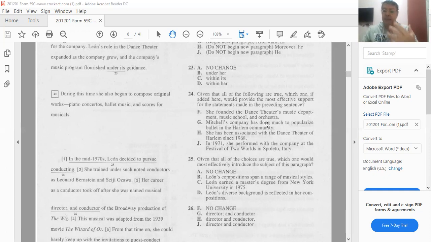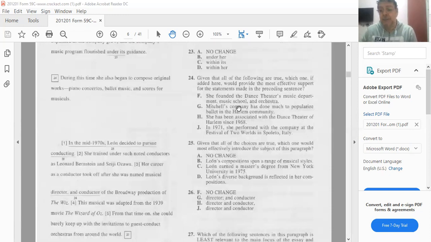And that means the company became more respected and thrived when it comes to music because of her guidance, and she founded these musical assets with that company. So F is the best answer. Let's now move to 25.